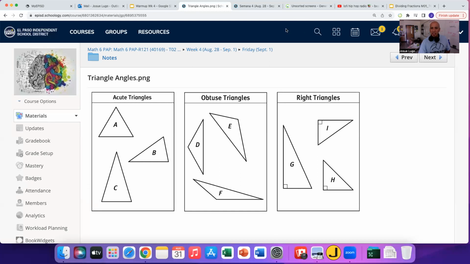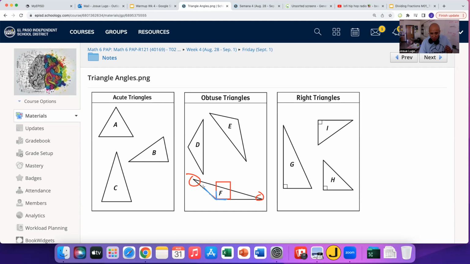Notice that these two angles are really small, but then look at this angle right here. Notice how much it's opening. It's definitely opening more than the corner of a rectangle. You see? In a rectangle, it would be exactly from here to here. But the triangle here is opening all of this.